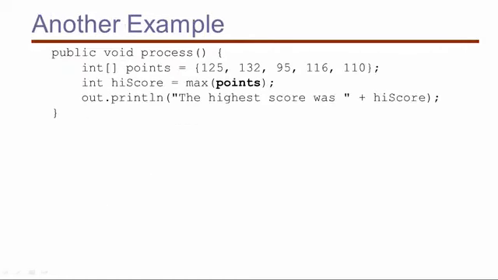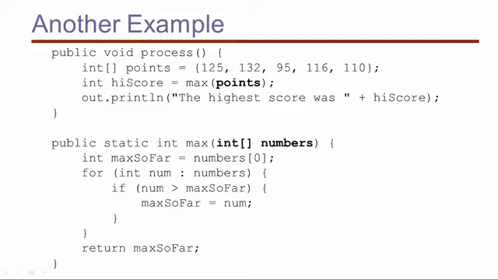Here's another example. In this case, we have an array of integers and we want to report the largest value in the array. We call the method max to find the maximum value for us, which we then print out. And here is the method named max that receives an integer array as a parameter. We initialize the variable max so far with the first element of the array, and then we use a Foreach loop that says, for each integer num in the array numbers, if num is larger than max so far, then assign num to max so far.